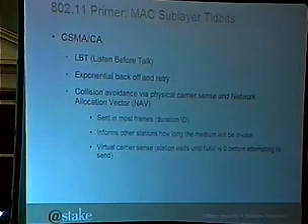It also has collision avoidance via physical carrier sense, where it listens to the wire, but also has a logical, virtual carrier sense with a network allocation vector, NAV, whose actual field name within the 802.11 header is duration ID. When you send out a frame that contains a duration ID, this informs all the other stations that receive this frame how long you're expecting to be using the medium, and they should wait that much time, the NAV.